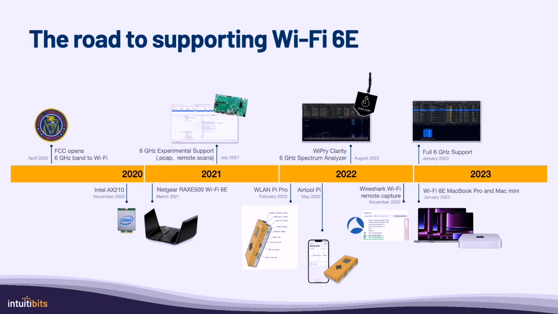And all of this, when Apple released the Mac with 6E support just last month, I was very happy to see that the day I got it, I installed Wi-Fi Explorer, boom, I had 6 gigahertz scanning working already. Same for AirTool, just a few adjustments were needed, and Wi-Fi Signal also had support for 6 gigahertz.